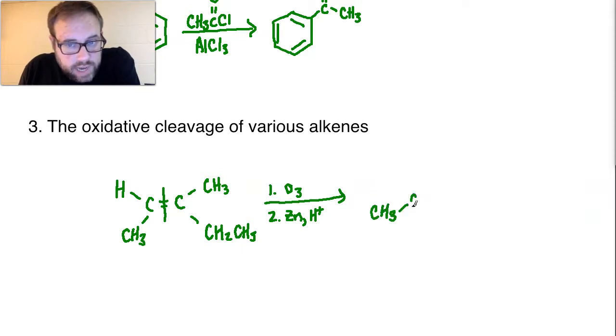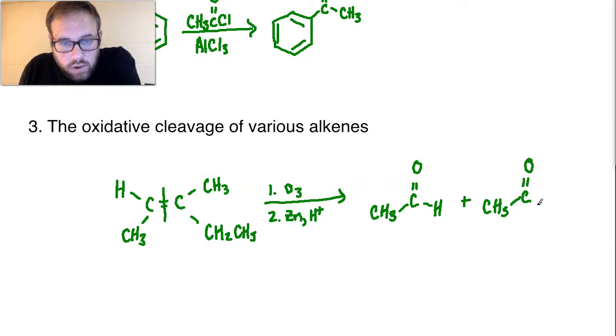So the left hand side would give us an aldehyde. We would end up with this, right? And the right hand side would give us a ketone. So this is a valid reaction for producing ketones. There's obviously a very large variety of alkenes out there, and so you can get all sorts of different compounds when you're doing this.